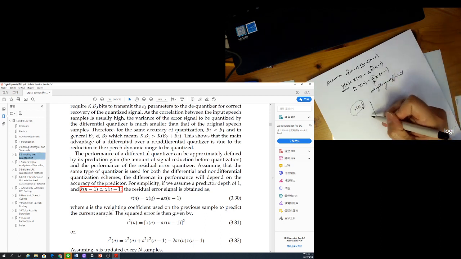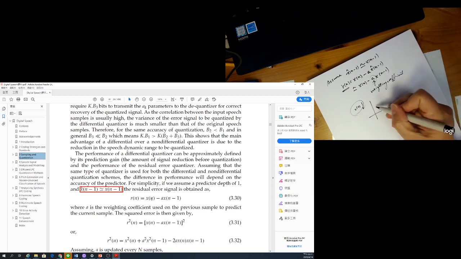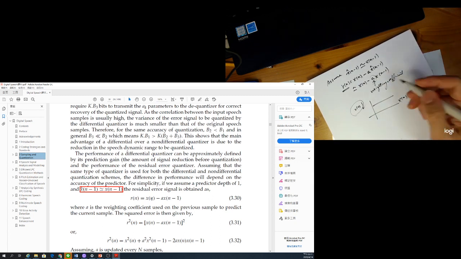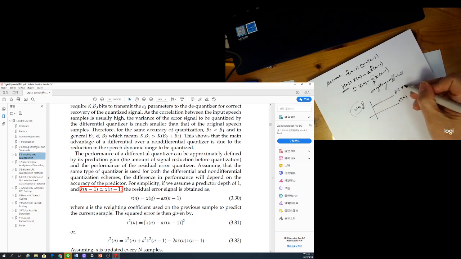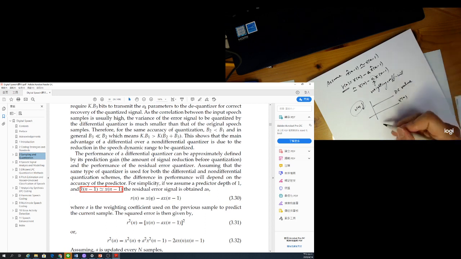If our signal is a DC term, like a DC value only, then during the subtraction S of n, R of n will become 0.